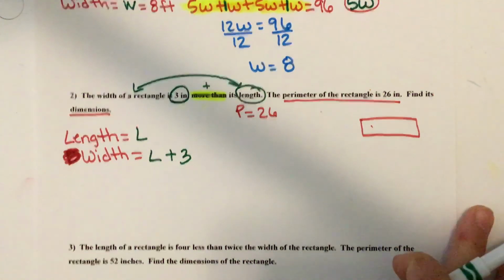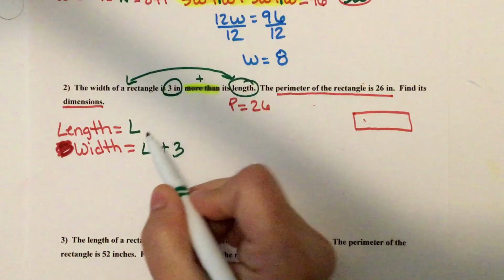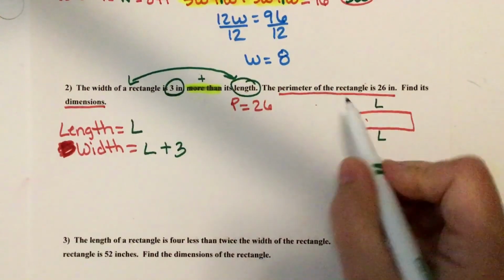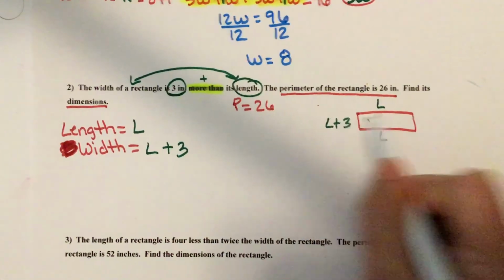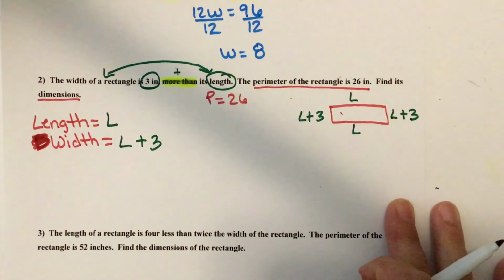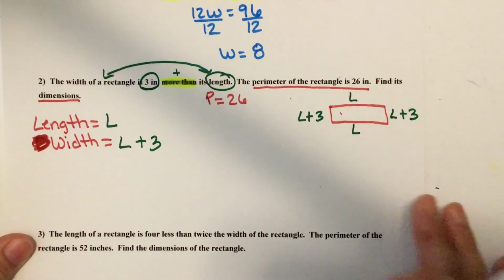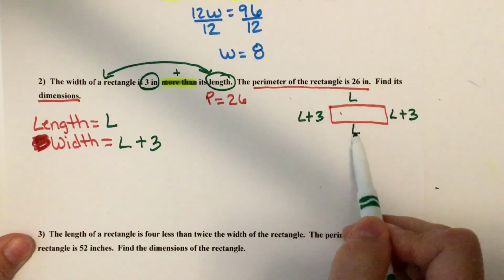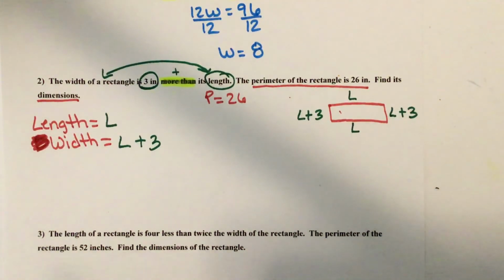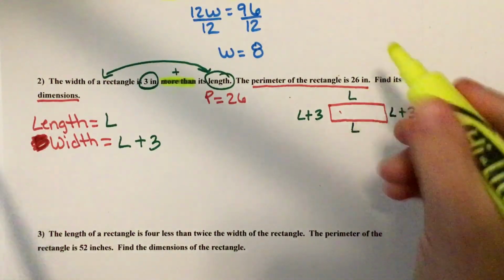Okay, let's draw in our picture. This time the length is L, and the width is L plus 3. Okay, so in order to find perimeter, I want to add up all the sides. This plus this plus this plus this. Do you think we can add them as we go? Instead of writing it all down?